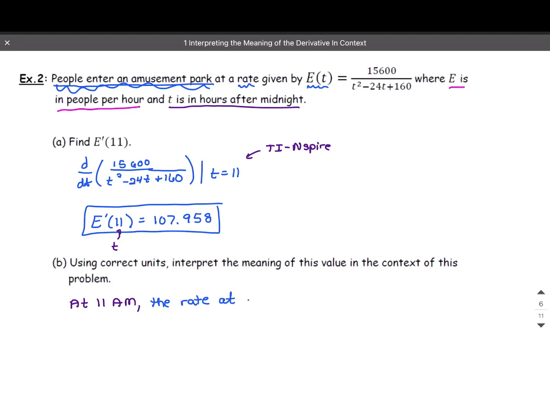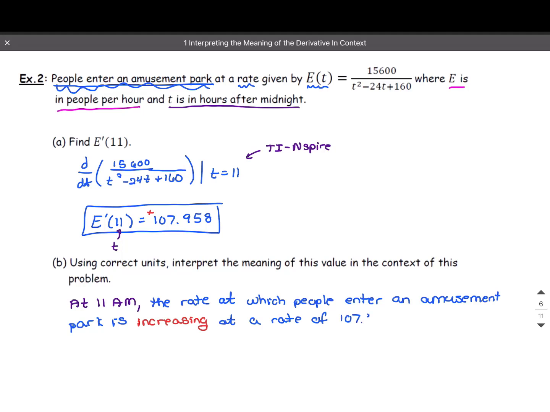The rate at which people enter an amusement park is, now this is a positive answer that we got, so we have increasing at a rate of, and we said 107.958, but we need the units. Remember, the units on E were people per hour, per, and the units on time was hours. And there is our interpretation.